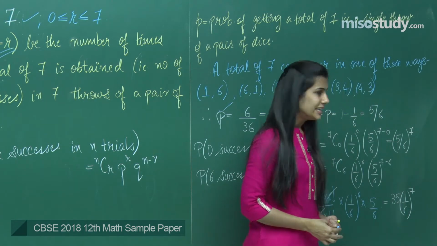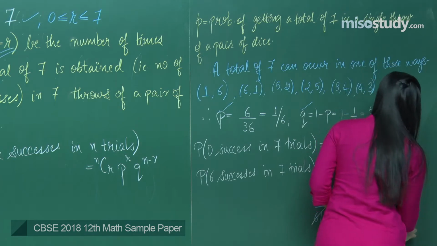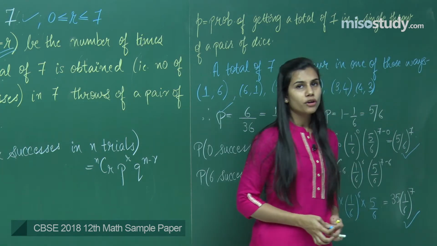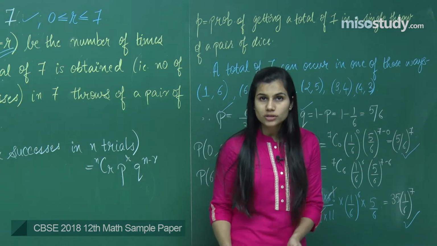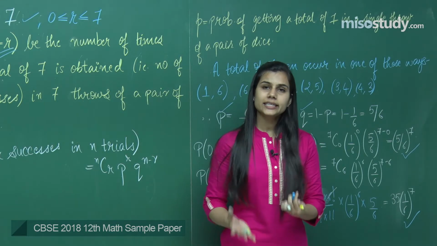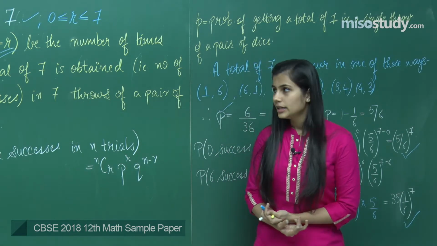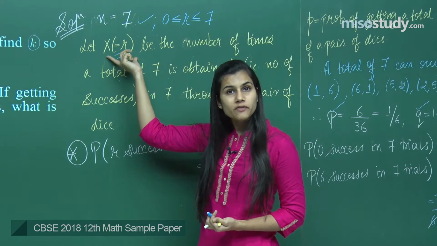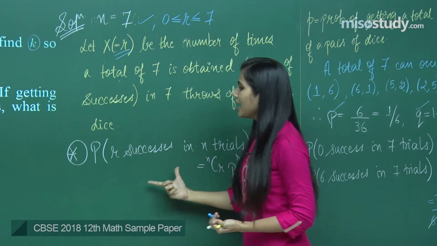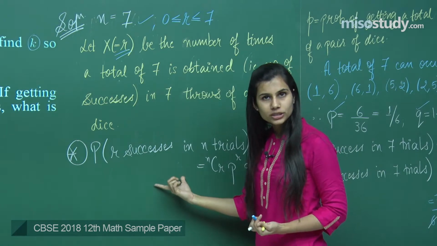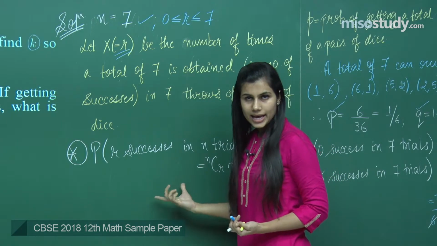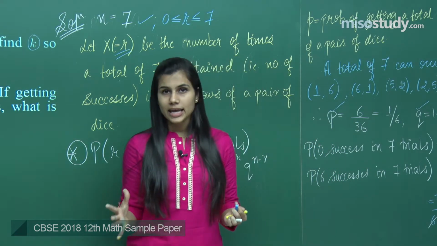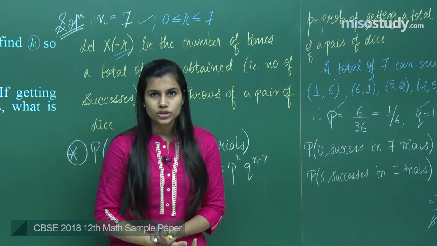And therefore, these are basically your probabilities of 0 successes in 7 trials and 6 successes in 7 trials. Because this x over here was playing the role of a binomial variate, that is why I have used the binomial distribution technique to tackle this question, and therefore I have successfully been able to obtain the solution.